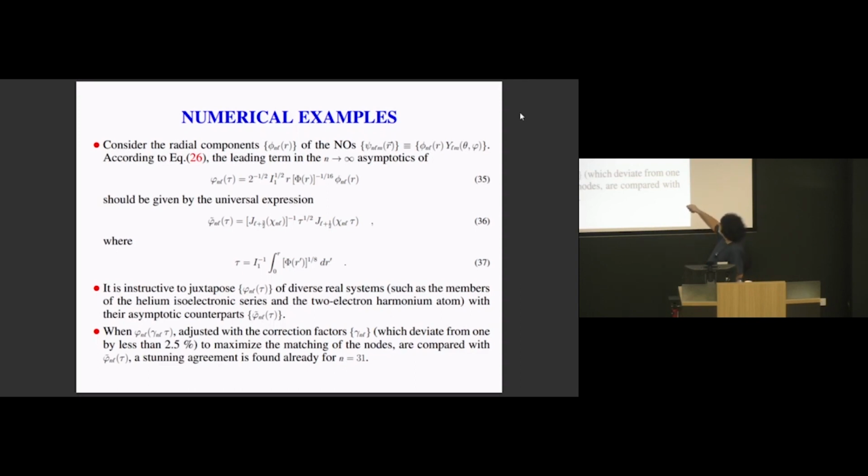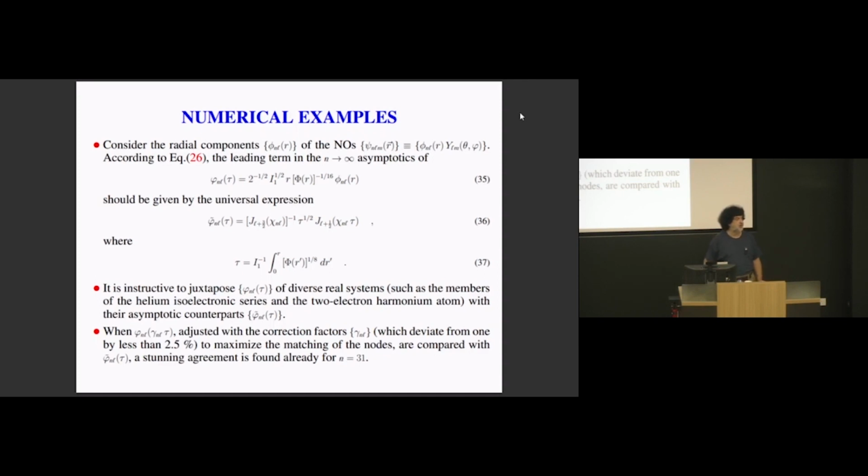That should be a universal expression given by just two Bessel functions basically, and things are controlled by the variable tau, which comes from an integration involving the electron density. Okay, so let us see whether it works.